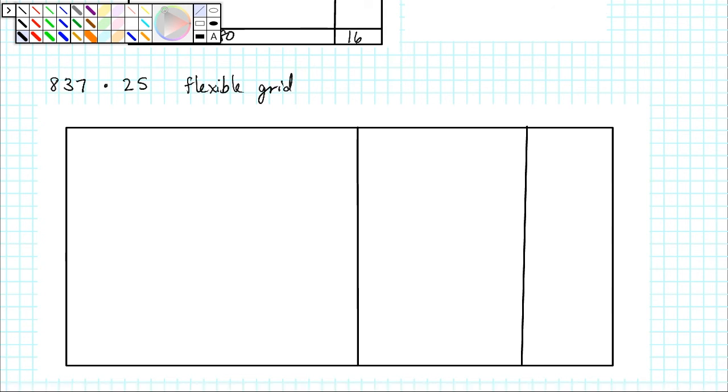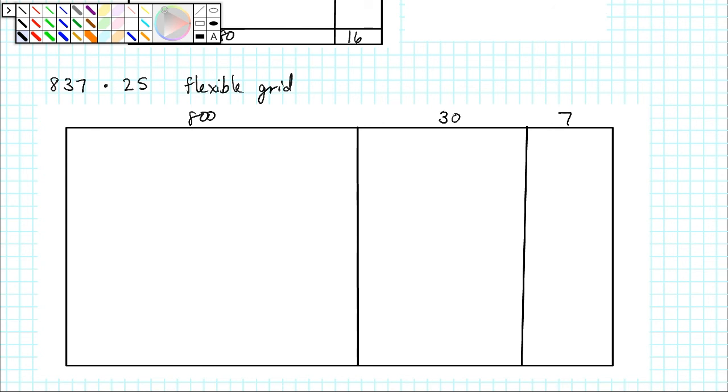And I want you to notice that this is not representative. If I call this 800 and 30 and 7, that is not actually accurate because 800 is much, much bigger than 30. And so these relative lengths are not accurate.